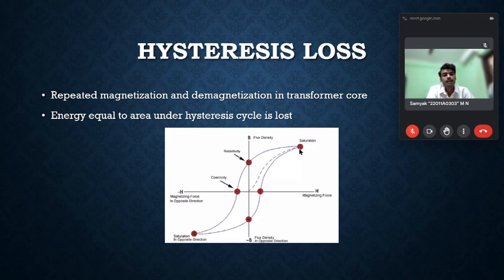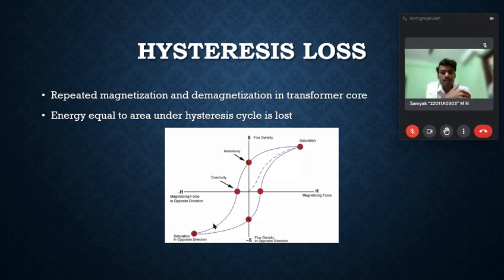And then when we are demagnetizing it, it follows this path and goes from A, B, C to D. And when we try to remagnetize it, instead of going through the same path, it will follow a different path. And because it follows a different path, the flux density and magnetic force do not correspond. And this gap that they form is a loss.